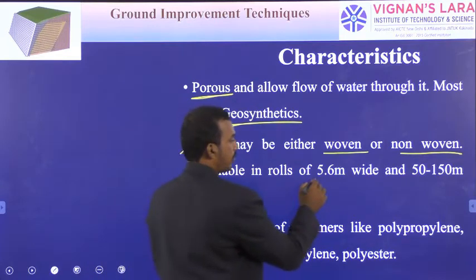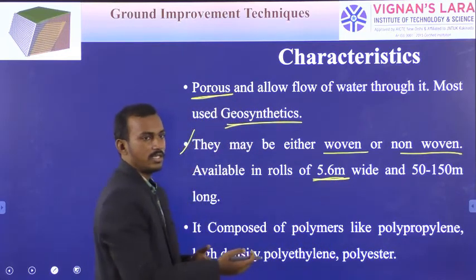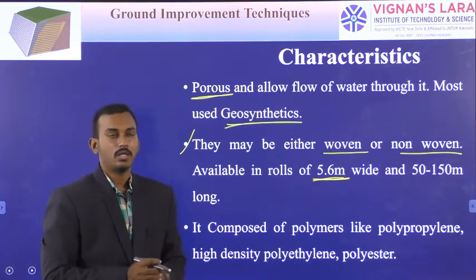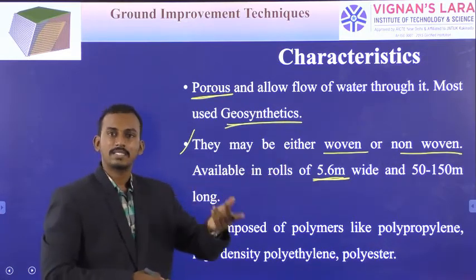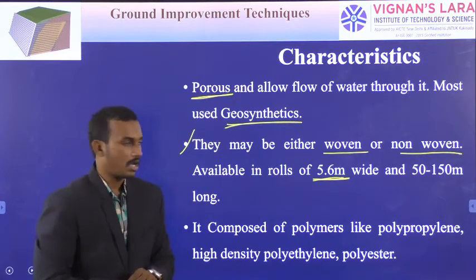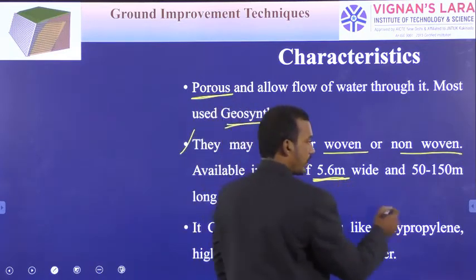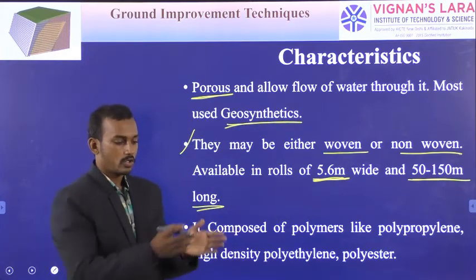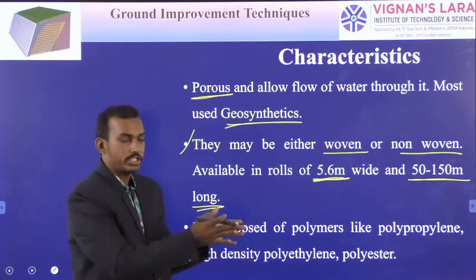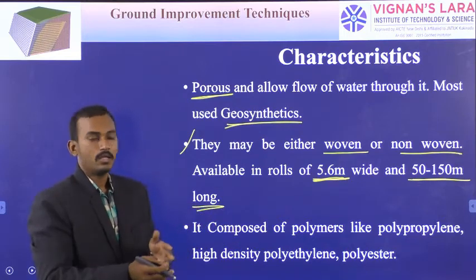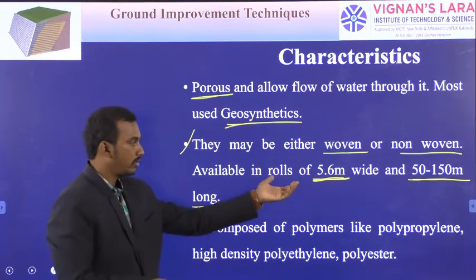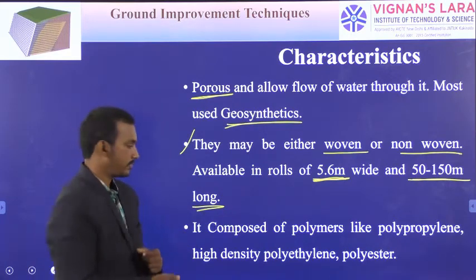Available in rolls of 5.6 meters. If you see how paper is available in rolls, like that geotextiles are also available in rolls of 5.6 meters wide and 50 to 150 meters long. So like a 150 meters long sheet is rolled into a roll of width 5.6 meters.